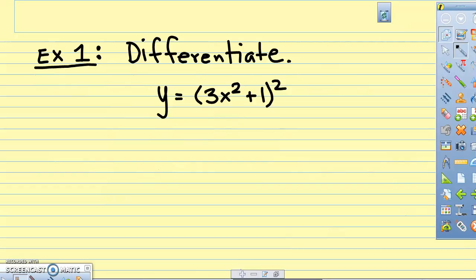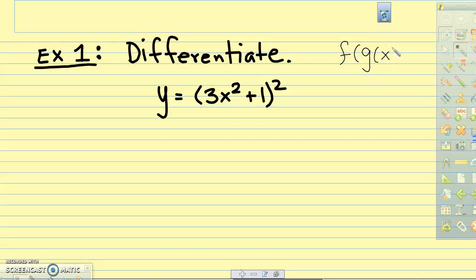Okay, so let's look at an example. Here we have y equals 3x squared plus 1 quantity squared. If we're going to use the Leibniz notation for this problem, we are going to let the inside function be u. So if we have f of g of x, the inside function is u.